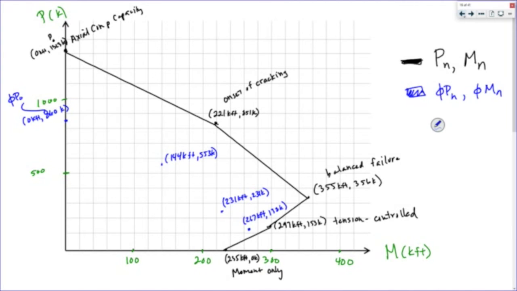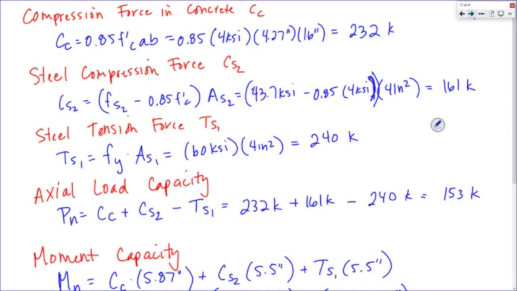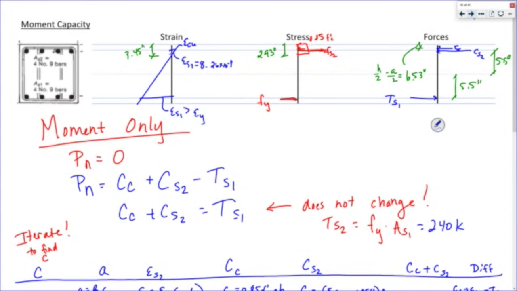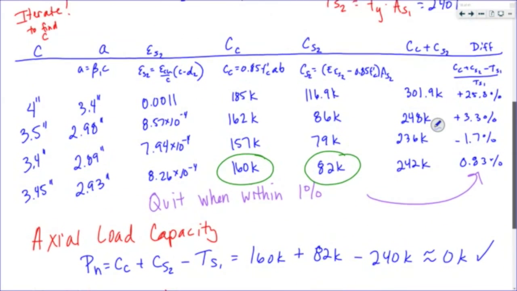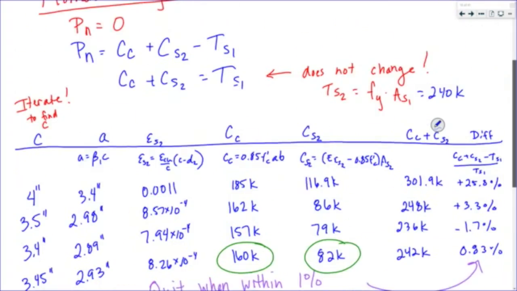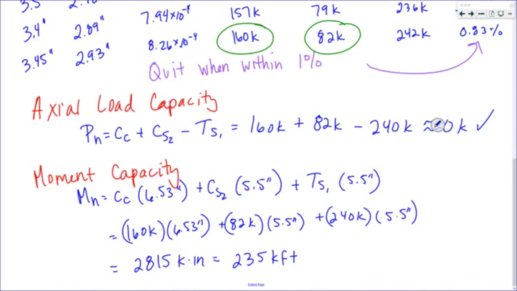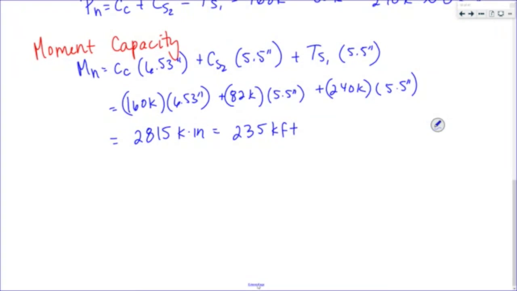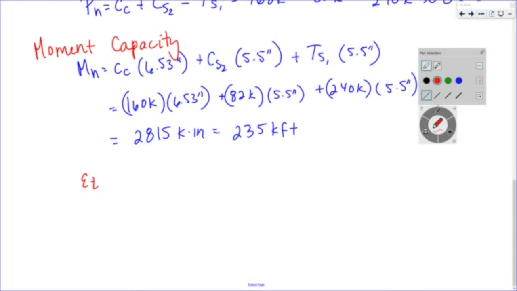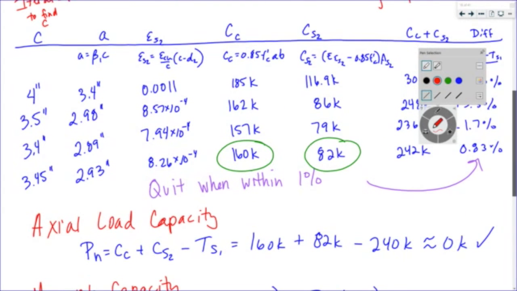Finally, our moment only. Let's see. Here's our moment only. We did this little equation. This one, we don't care. Just to double check, let's find epsilon T. It should be greater than, but let's see.